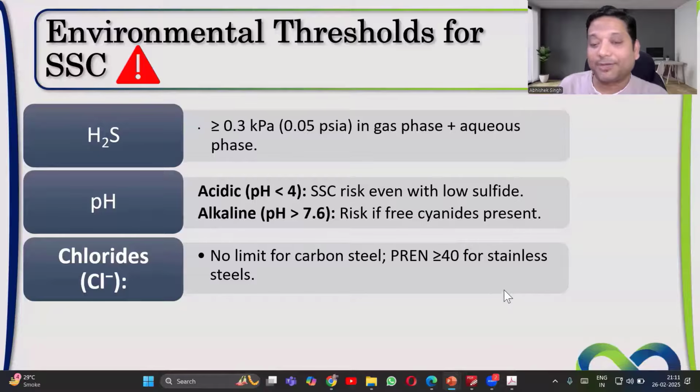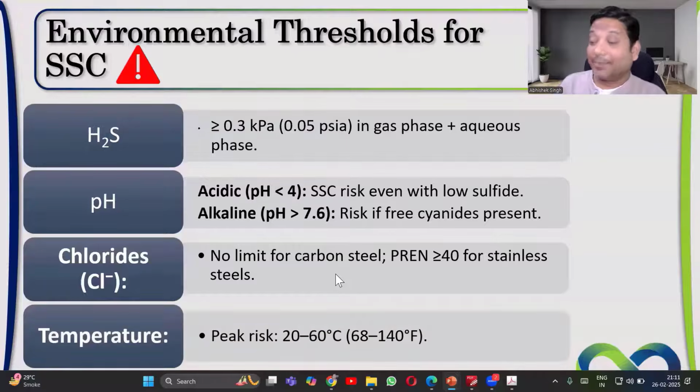We'll talk about the limits, but generally carbon steel will not have any problem with chlorides. Temperature: normally the cracking phenomenon will occur at 20 to 60 degrees Celsius. The material becoming hard, absorbing hydrogen ions, will happen at high temperature, but it will fail during the cool down. Failure happens then.